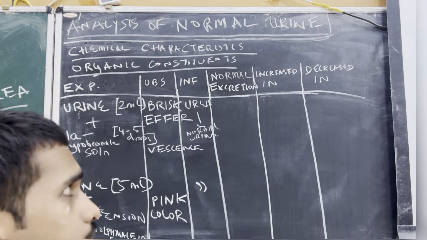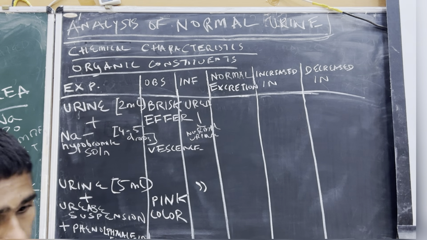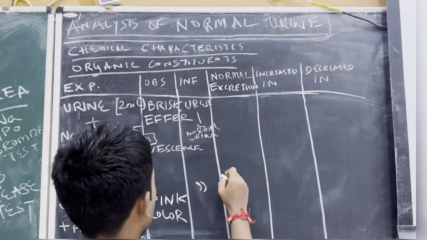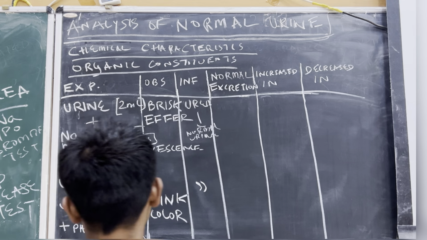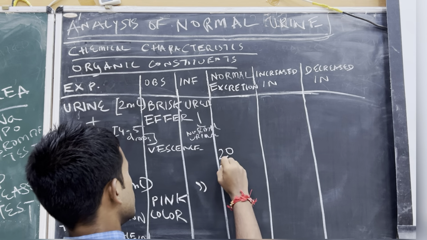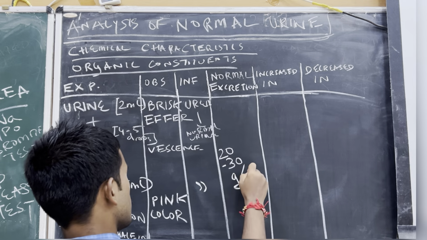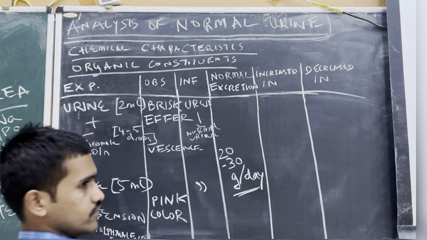And now to the viva question favorites. What is the normal excretion? Some books say it is 20 to 30, some books say it is 25 to 30. It is best to stick to a standard: 20 to 30 grams per day. Note the unit.